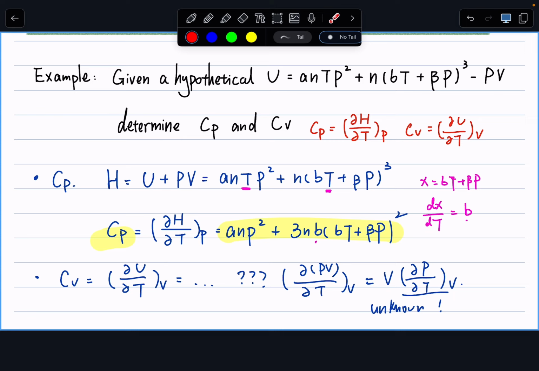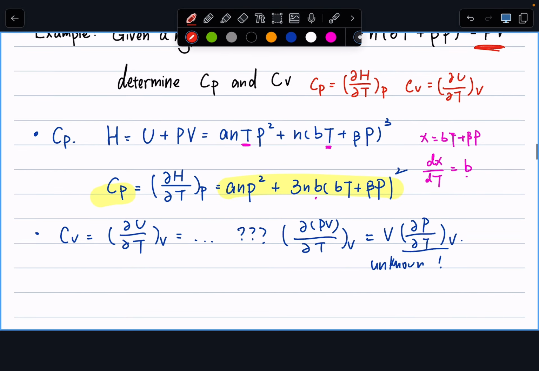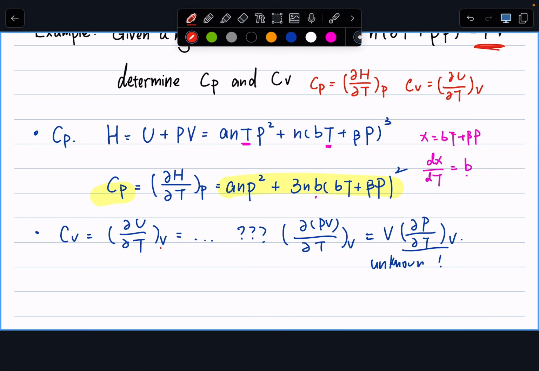And the CV term, now this one, don't jump too fast in solving the derivatives, but give it careful thought. Because in the expression of our U, we have this term PV. Remember, when we have this term PV at constant volume, this partial derivative of PV over T at constant volume, well, we take the volume out, it's a constant.